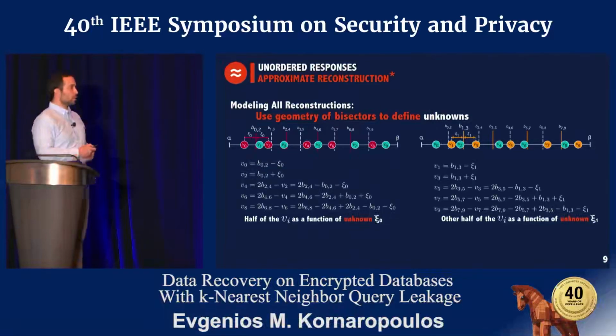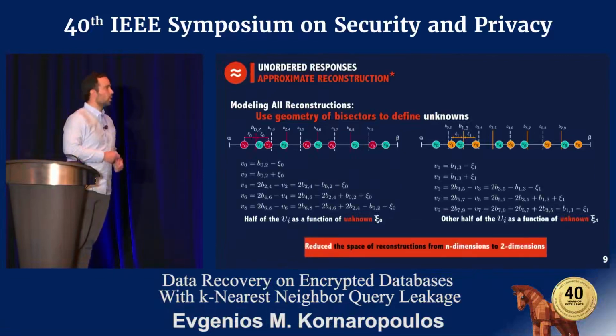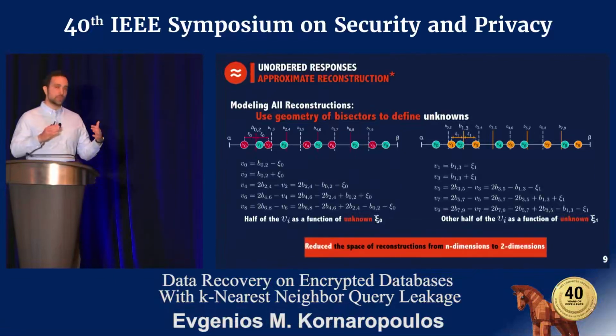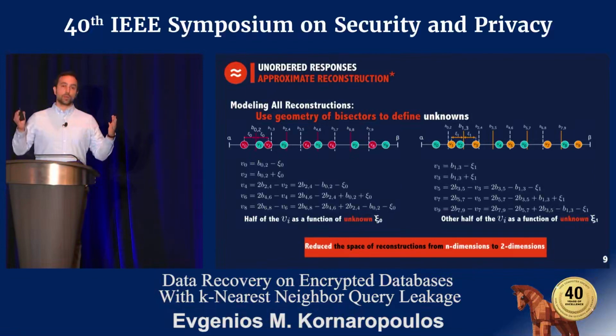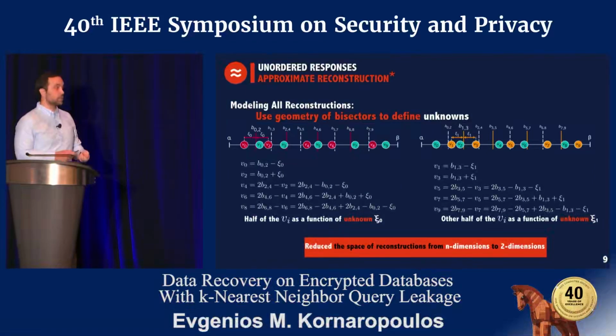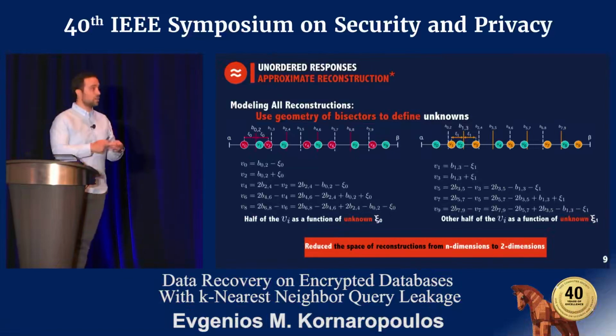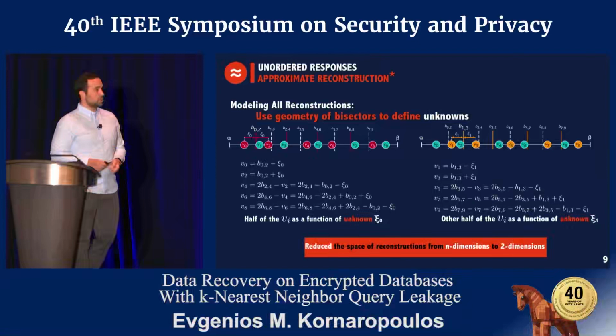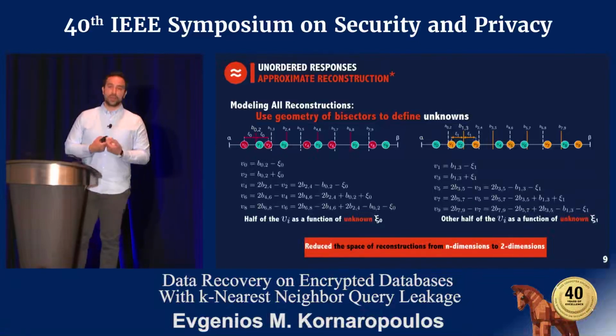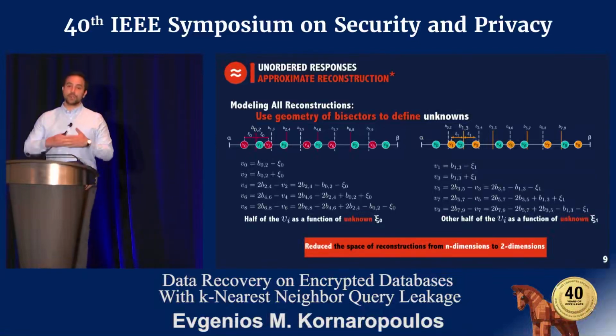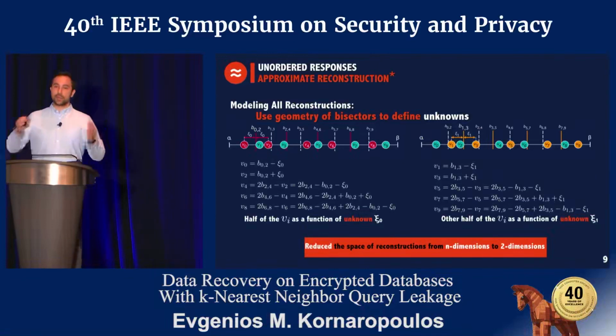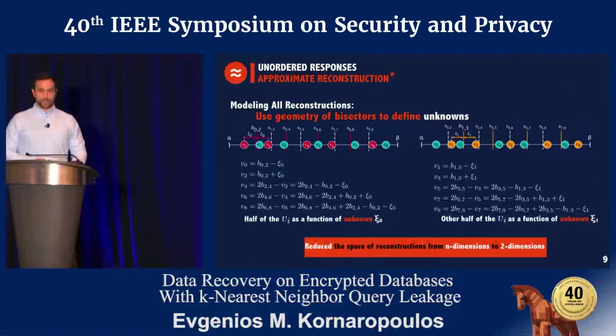Overall, using this trick, we reduce the space of reconstructions from n dimensions, where we would have one unknown per plaintext value, into a space of 2 dimensions by just having one unknown per offset. And this is really important because if we're trying to break a database with millions of records, instead of trying to understand a 1 million dimensional space, 2 dimensions are enough.